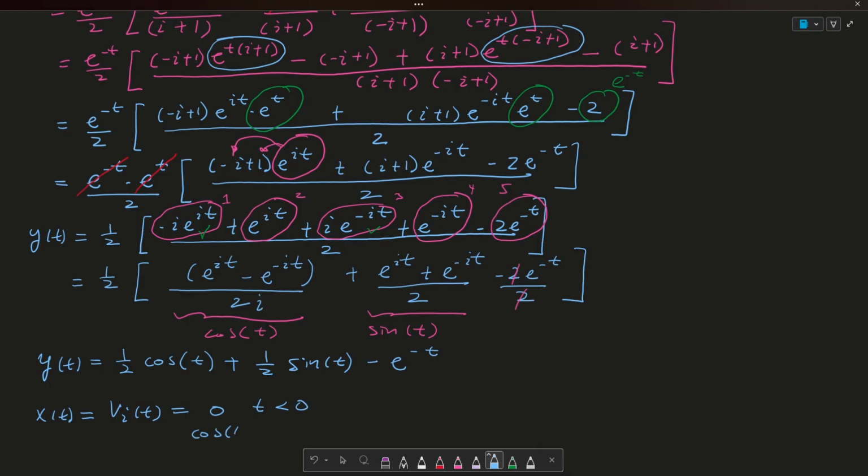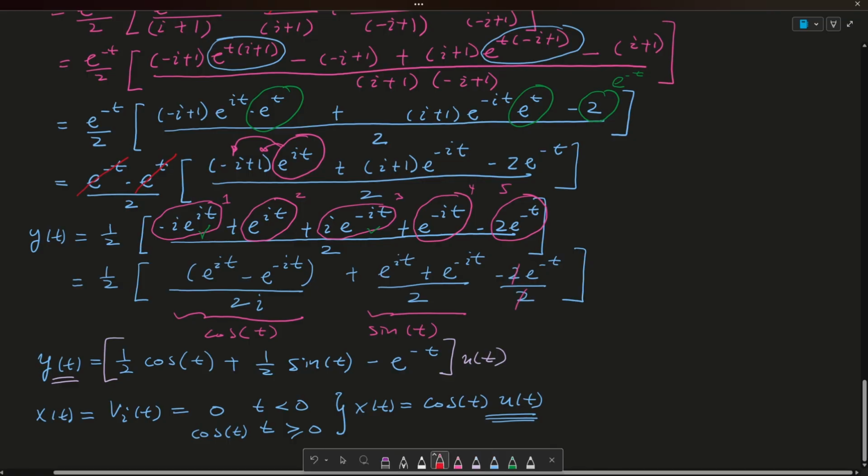And we said it was cosine of t for t greater than or equal to 0. This combines by saying x of t is equated to cosine t u of t, right? This unit step function. We also say that our output, y of t, has to be multiplied by u of t, right? Because it's going to be 0 for t less than 0.